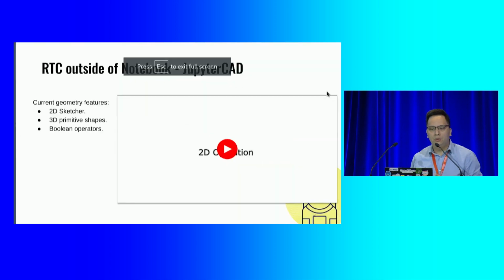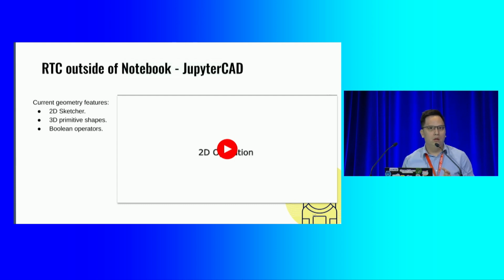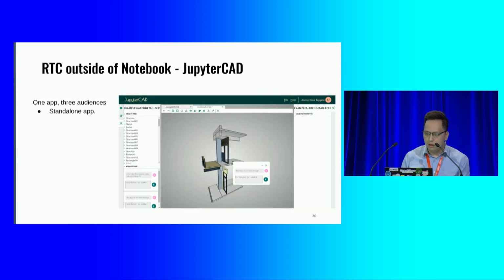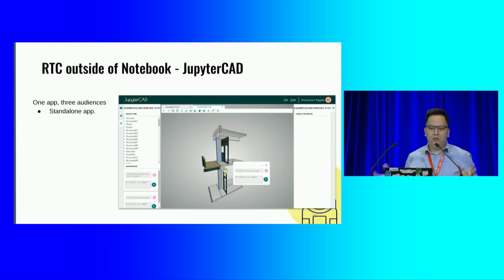All the geometry operators are done in the browser because we use a WebAssembly version of Open CASCADE, so the server does not have to handle all the geometry computation, and the server requirement for JupyterCAD is very low. And with the flexibility of JupyterLab, we can build JupyterCAD once and deploy it in different forms.